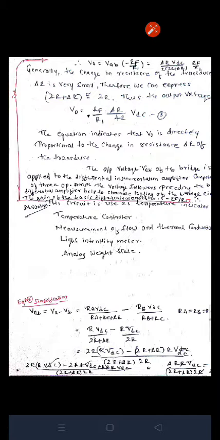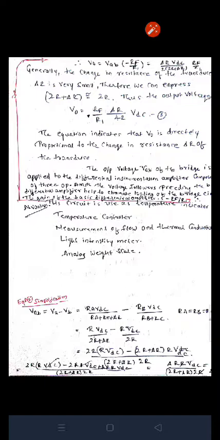Some of the advantages of this instrumentation amplifier are that this circuit can be used as a temperature indicator and as a temperature controller, and it is used for measurement of flow and thermal conductivity, as a light intensity meter, and in an analog weight scale.